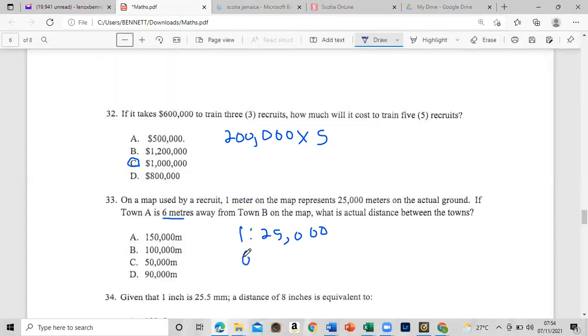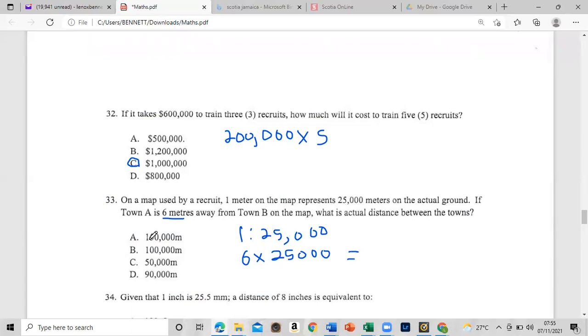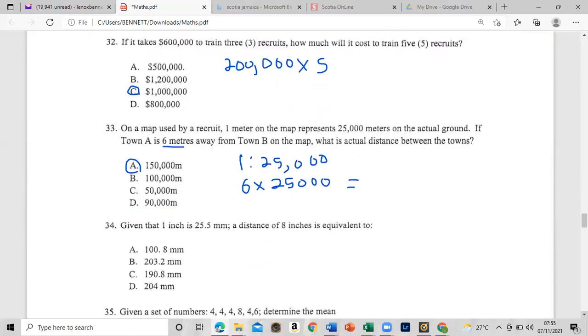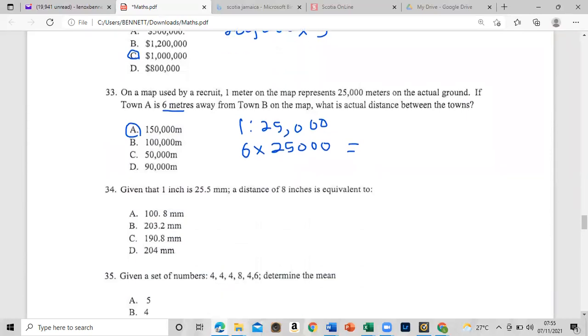So 6 times 25, 6 5s are 30, 6 2s are 12, so that'll be 150. Yeah, so that'll be 150. 4 times 25 is 100, so 500. All right.